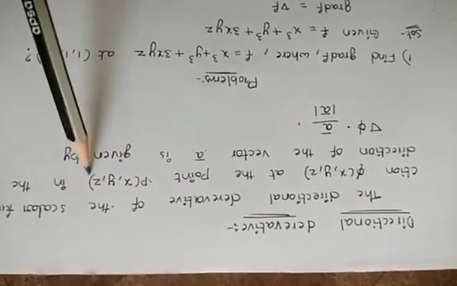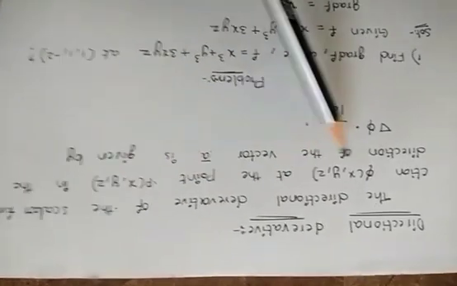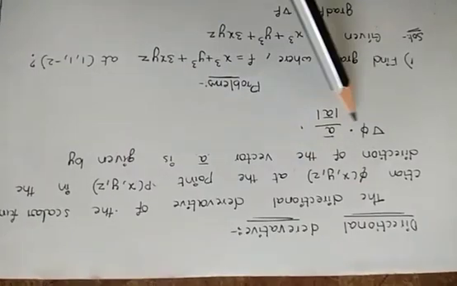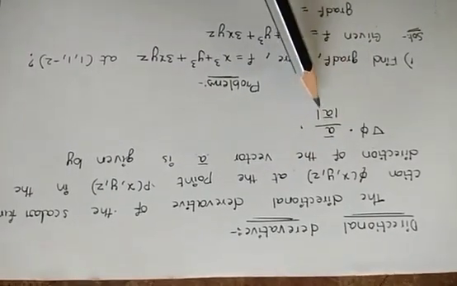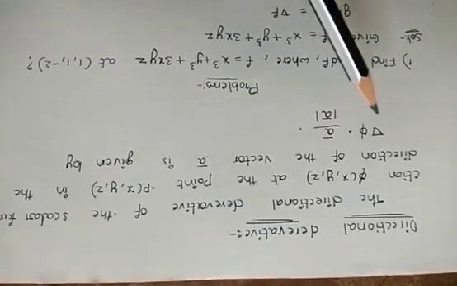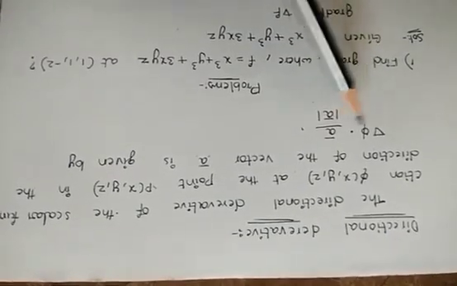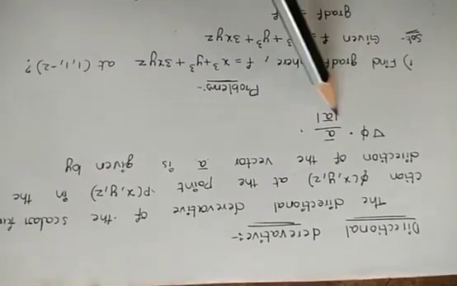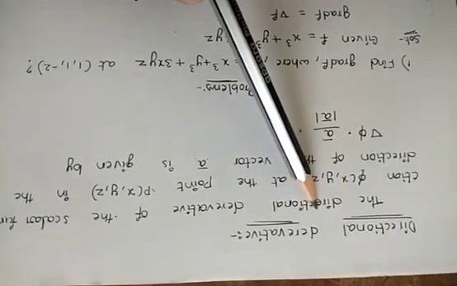What is the point here? P of x, y, z. And what is the scalar potential function? Phi. The directional derivative is given by del phi dot a bar by modulus of a bar. So we just have to take the dot product between del phi and the unit vector of a bar, which gives the required directional derivative.